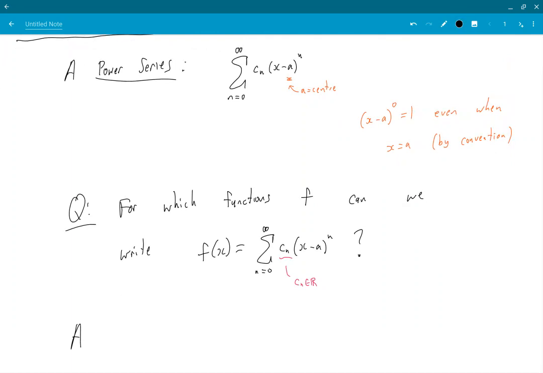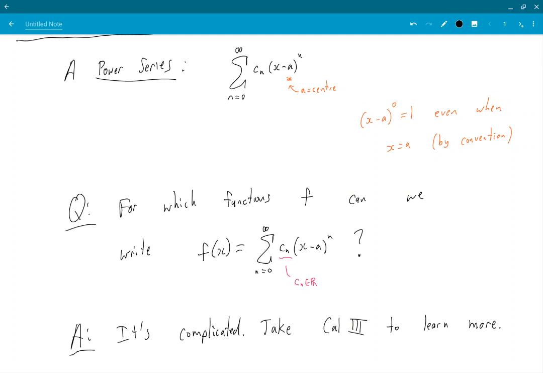The answer to this question is, it's complicated. You're going to take Cal 3, right? So we approach this in Cal 3.